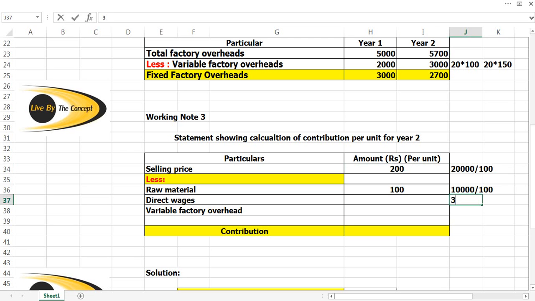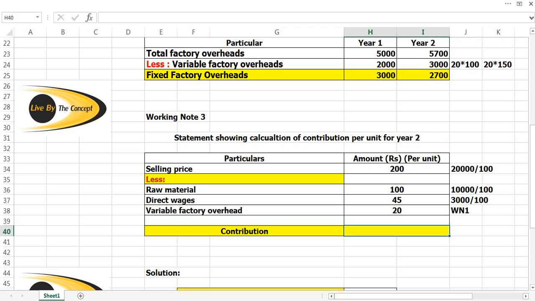Direct wages total 3000 divided by 100 kgs, so that is how you are having 30. But we need to understand that this 30 is getting increased by 50%, so into 150 percentage, so that is how you are having 45. Variable factory overhead you have already calculated, that is 20. This is available from working note number 1.